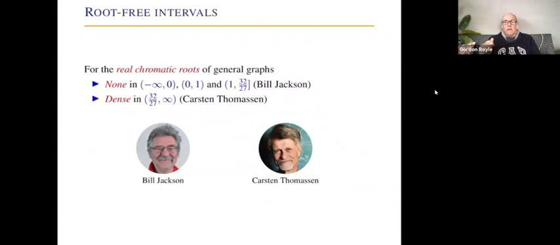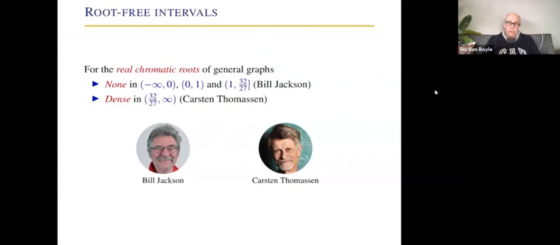Okay, let's look at root-free intervals then. So where do chromatic roots lie? And now I'm restricting purely to real roots. So 2 major contributors early on were Bill Jackson and Carsten Thomassen. Bill showed that there are no real chromatic roots in the regions minus infinity to 0.